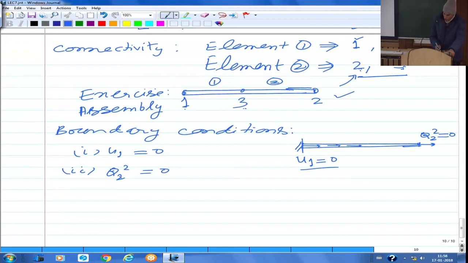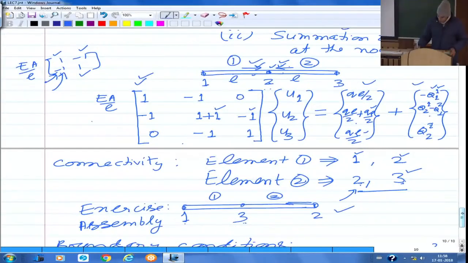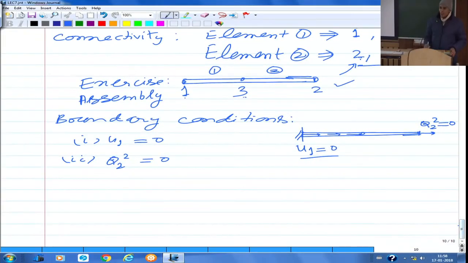So Q22 is 0. Now what about the intermediate node, at the center here? To interpret this summation Q21 minus Q12, we need to draw the free body diagram of the node. So let me draw the FBD of node 2.